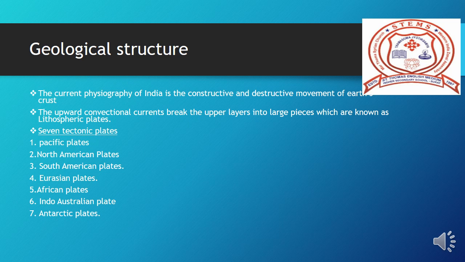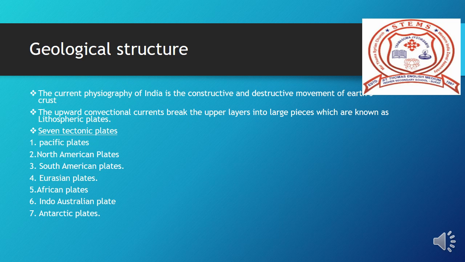Due to radioactive process going on in the interior part of the earth, heat is generated. This heat comes to the surface of the earth and it creates convectional currents.